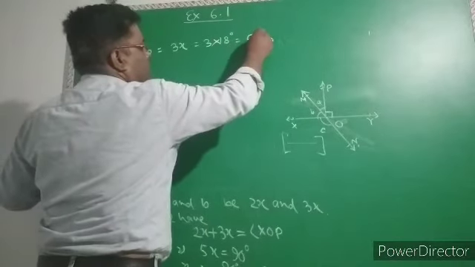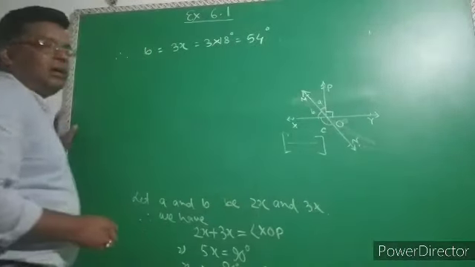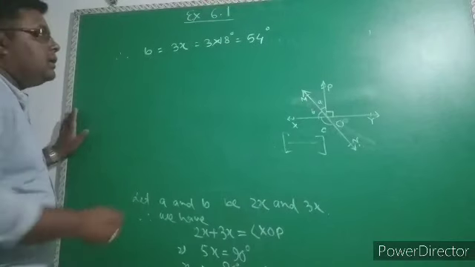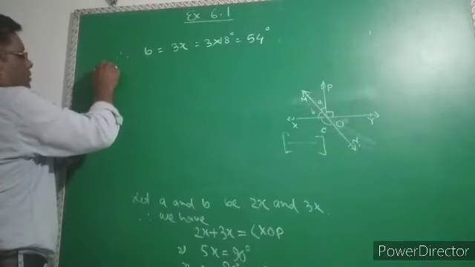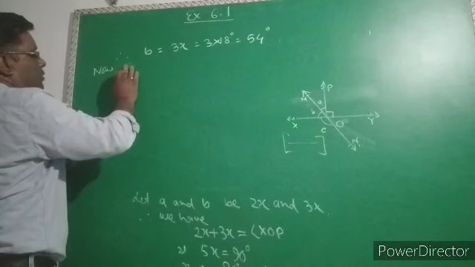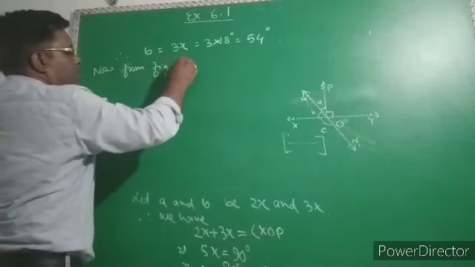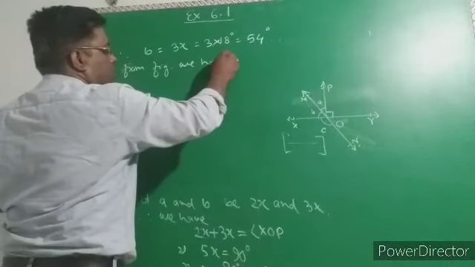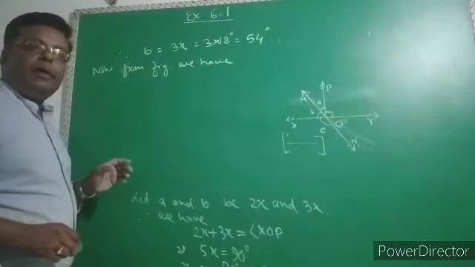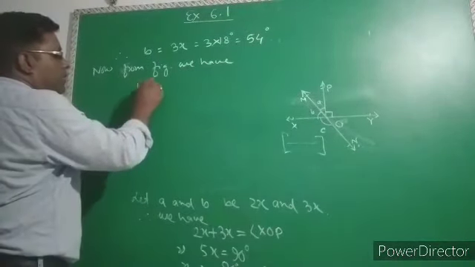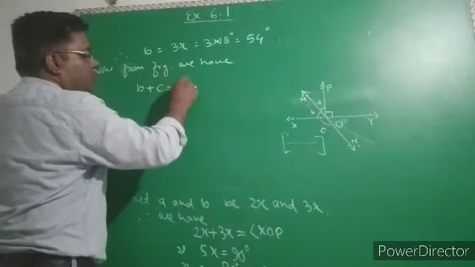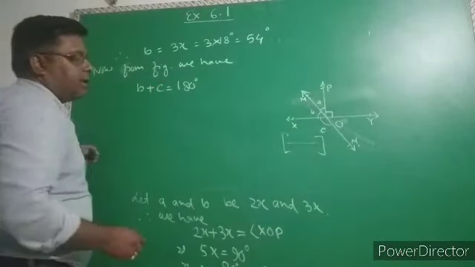So we have 54 degrees. Now from the figure we have, B plus C is equal to 180 degrees.